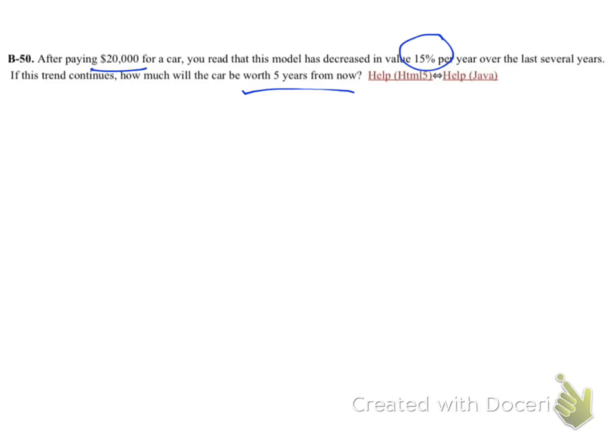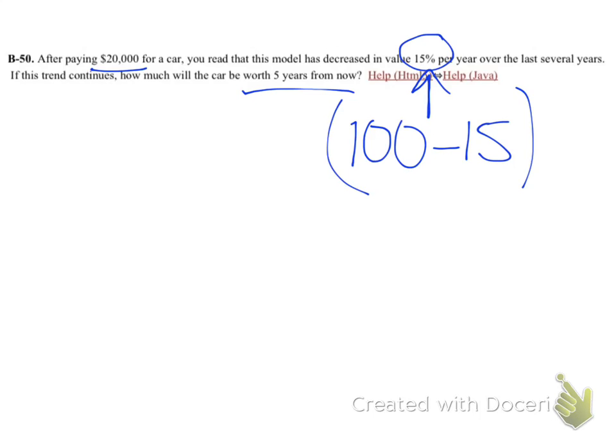So first of all, if we're talking about decay here, it's decreasing by 15%. That means at 100% it is going down by 15%, which means our multiplier is going to be 85% of the previous year. So our multiplier is 85%, which is 0.85.